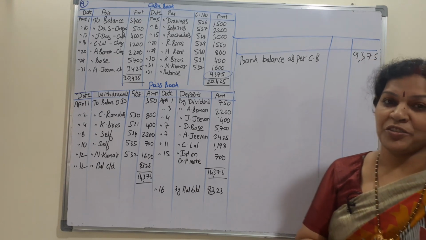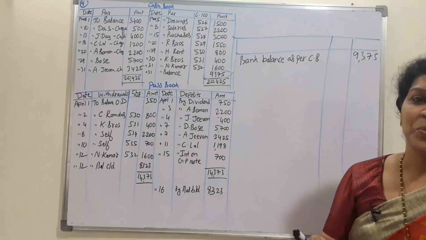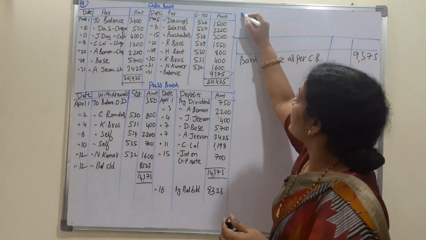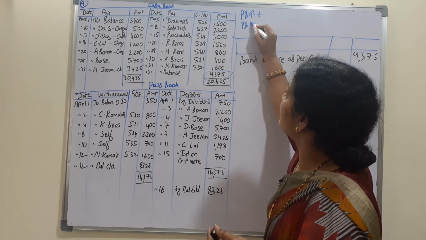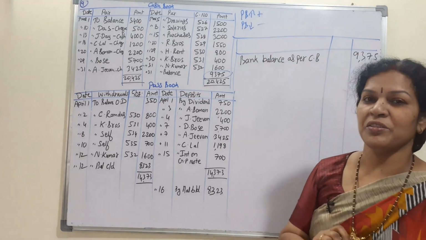Cash book debit balance, what is the formula? If the passbook is more, add. If the passbook is less, deduct it. On this basis we are going to work out.